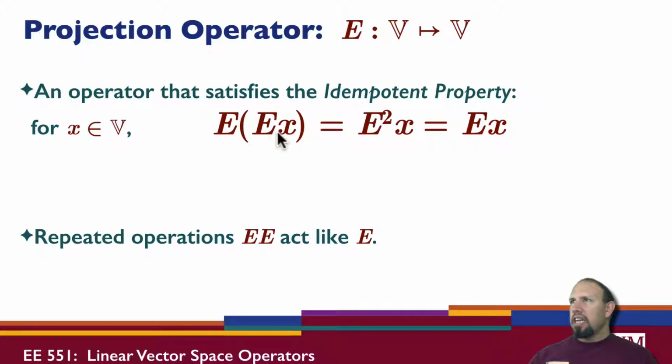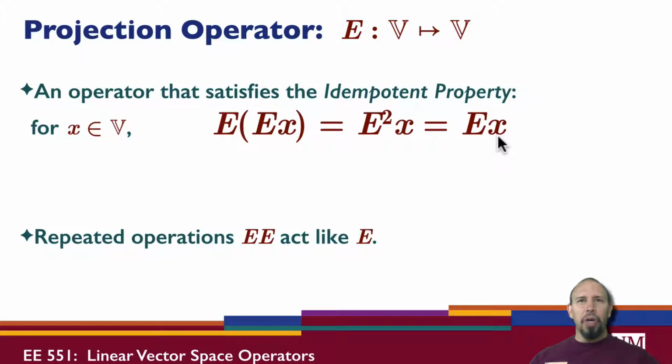When I operate with E on X, and then operate with E again, I just get the same as E operated on X. So when I operate on this, I get itself back. Repeated operations using E act just like E. That is what a projection operator does.